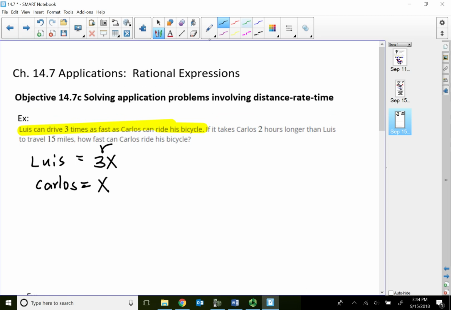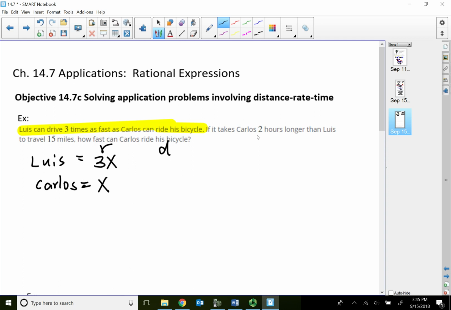It seems like we need to translate for the time as well, and we do, but we're going to do it slightly differently. Normally, in the problems we did before, we translated for the rate and the time, but for these problems we're going to look at it from a different perspective.